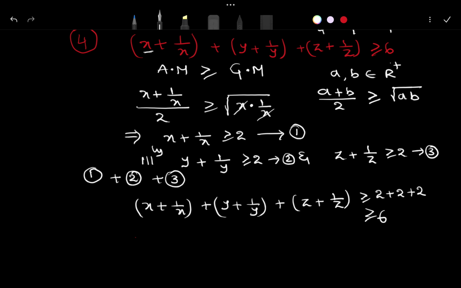Now does it satisfy option 4 or not? The same result is given in option 4. So option 4 is also the correct one.